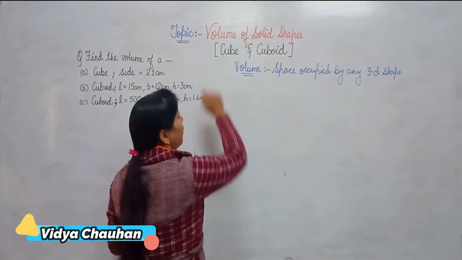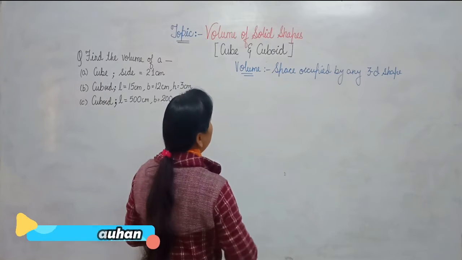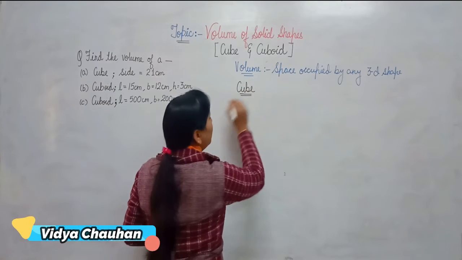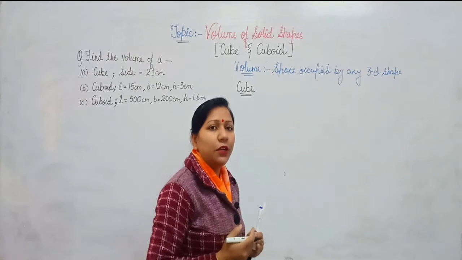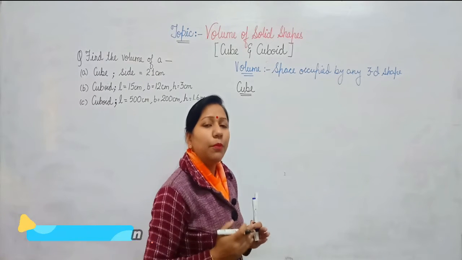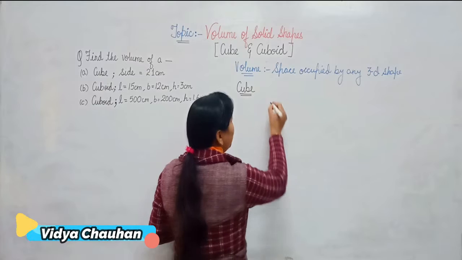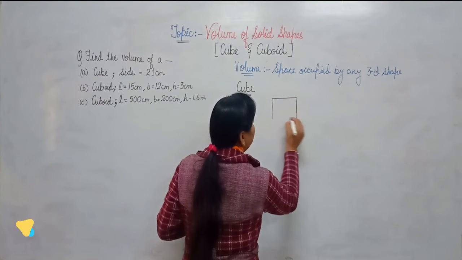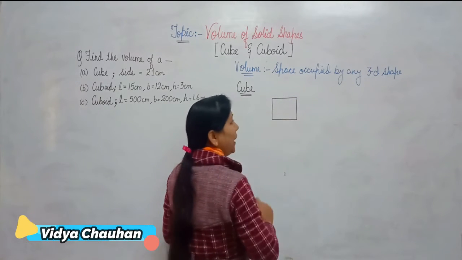After that, if we talk about the volume of cube and cuboid, very first let's take a cube. As I told you, a cube is a 3D shape made from the shape of a square. To draw a cube, first you make a frame of a square.